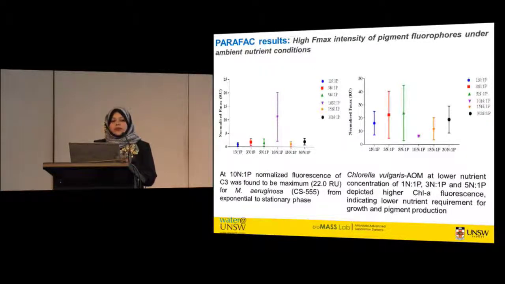The cultures that were growing and had higher cell counts were green, but at lower concentrations, we saw that the color was quite pale. While for Chlorella, we observed that the pigment concentration was higher at low nutrients as well. So it's indicating that there's a lower nutrient requirement for growth and pigment production for Chlorella as compared to the cyanobacterial species.